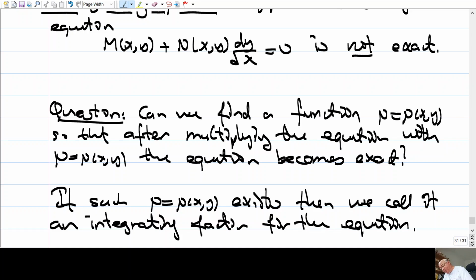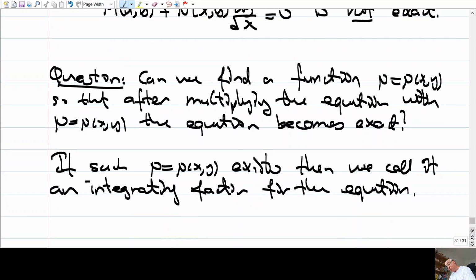Why integrating factor? Because we factor the equation with that function so that the equation becomes integrable. You can integrate the expression. That's why we call it an integrating factor.